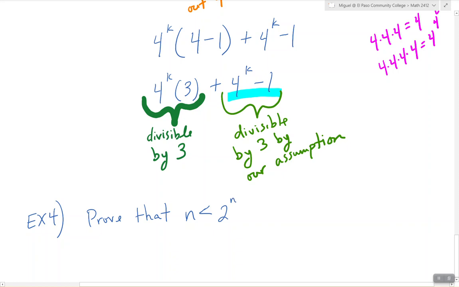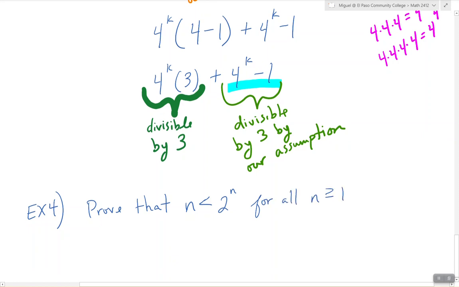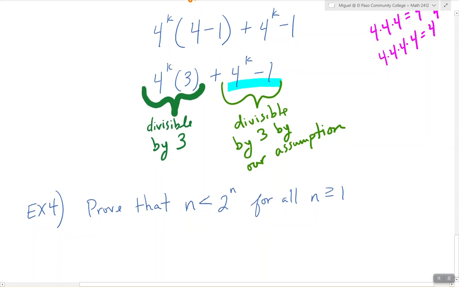For all n's greater than or equal to 1, prove that n is less than 2 to the n.